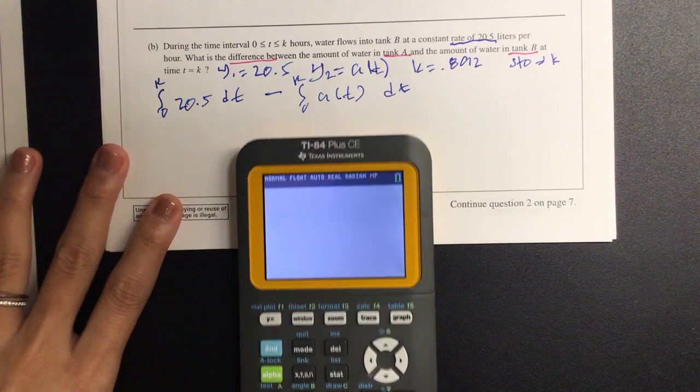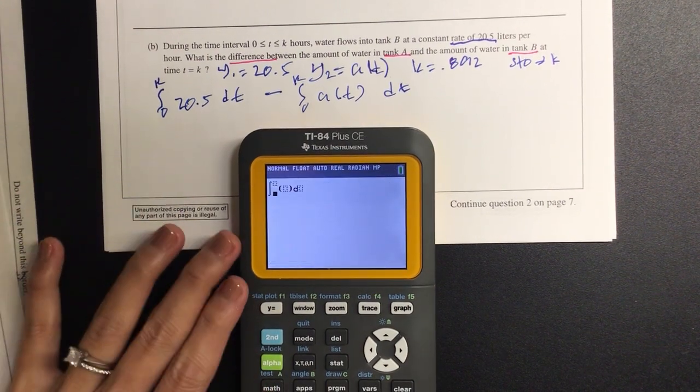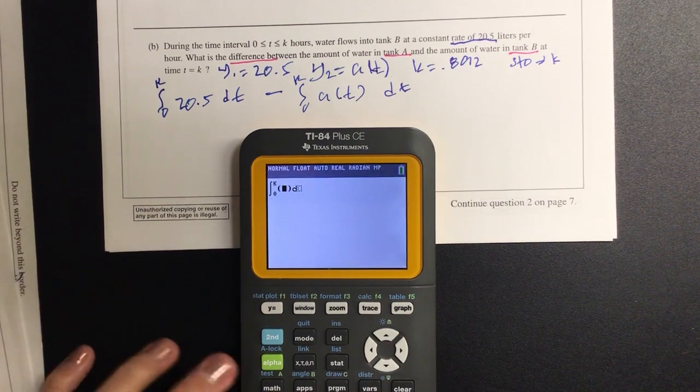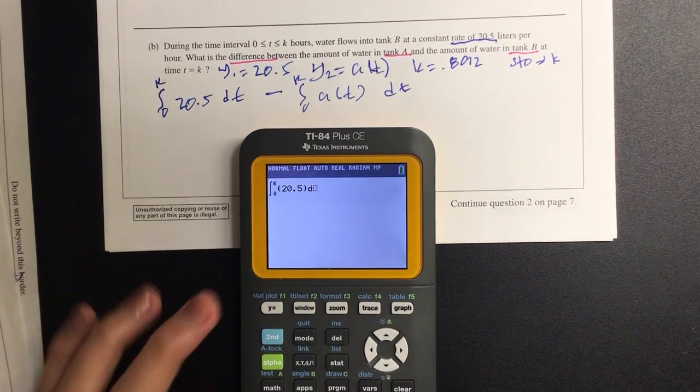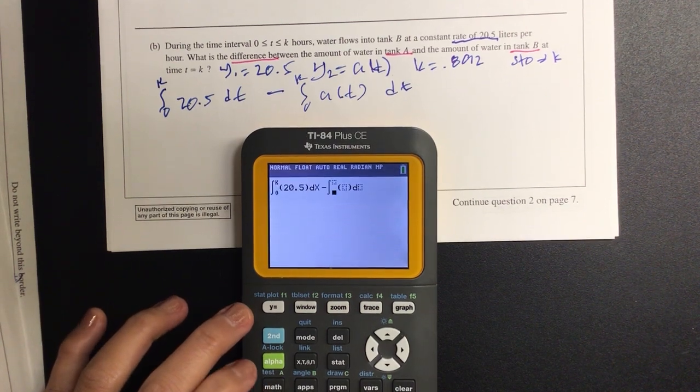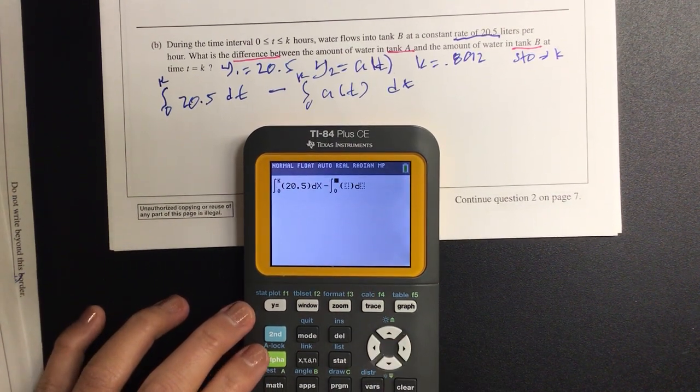So let's type this in together. We have math 9. The k value is going to be saved as that silly decimal, 20.5 dt, and in our case it's dx, minus math 9 again, 0 to k, of that equation.